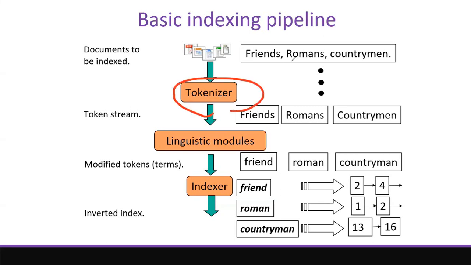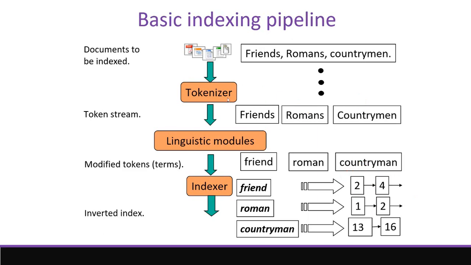So friend, comma, Romans, comma, countrymen, broken into friend, Roman, countrymen, passing through the linguistic module, friend, Roman, countrymen, and then using inverted indexing to generate an inverted index for natural language processing, such as grammatical nouns, something like that, okay?